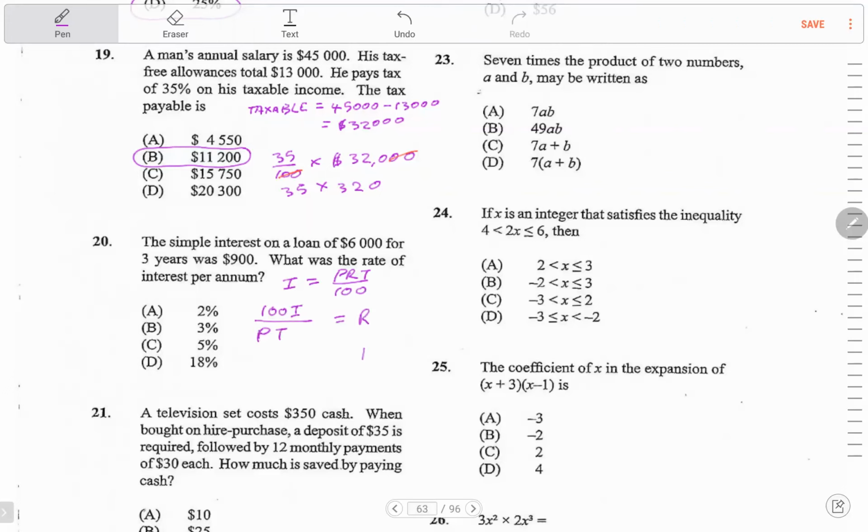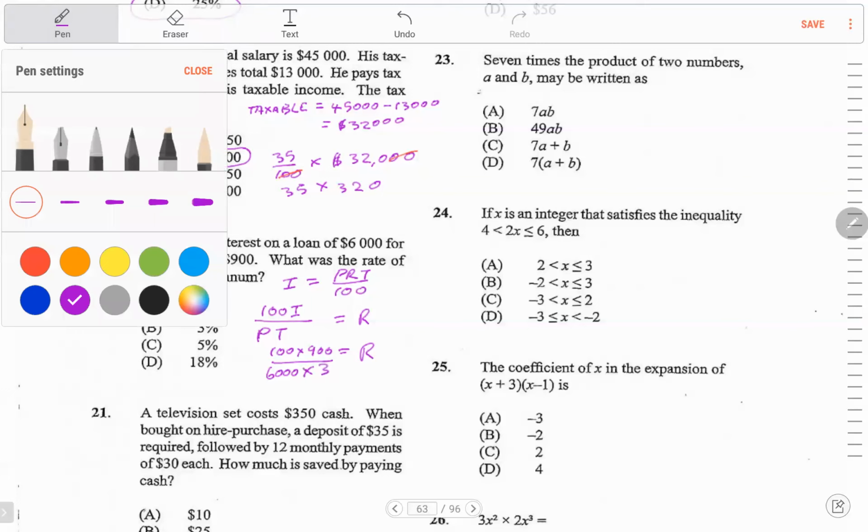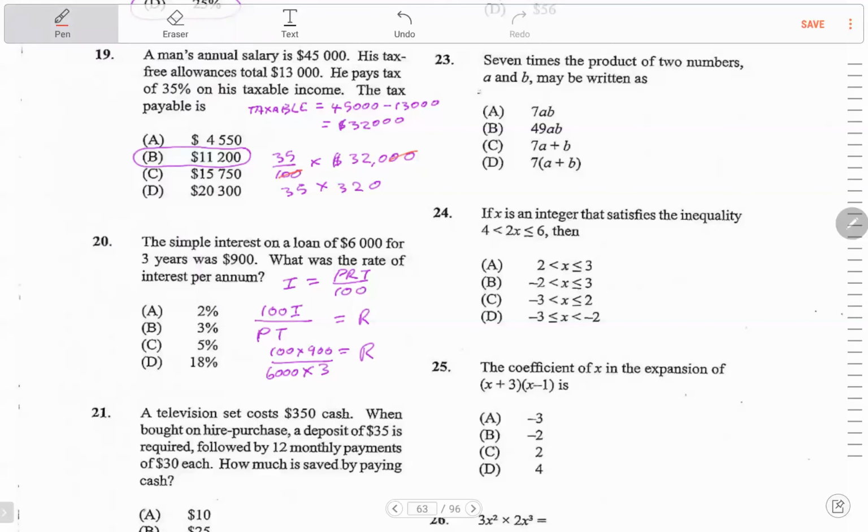So R equals 100 times the interest of 900 divided by the principal of 6,000 times the time of 3 years. Simplify that down step by step. The answer is 5. If you simplify it down, you're going to get 5.